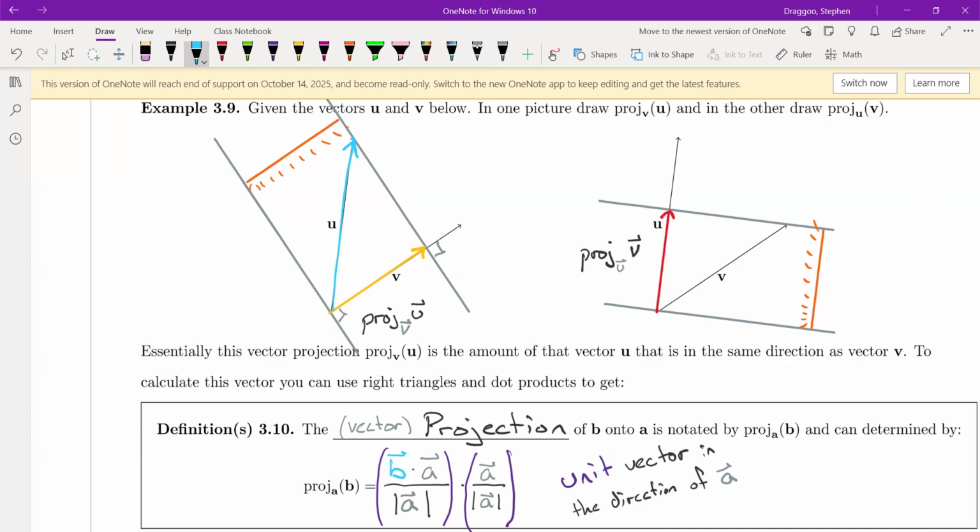That blue vector for B, kind of the color scheme I'm going to be using here, blue for B. When I tried to figure out the length of my yellow vector, the blue vector was the only one that mattered. So at every opportunity that I have, I'm going to divide away the magnitude of A, my projecting onto vector.